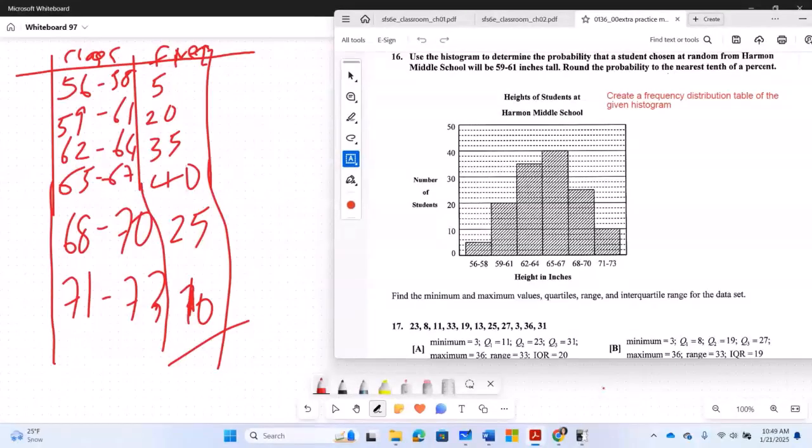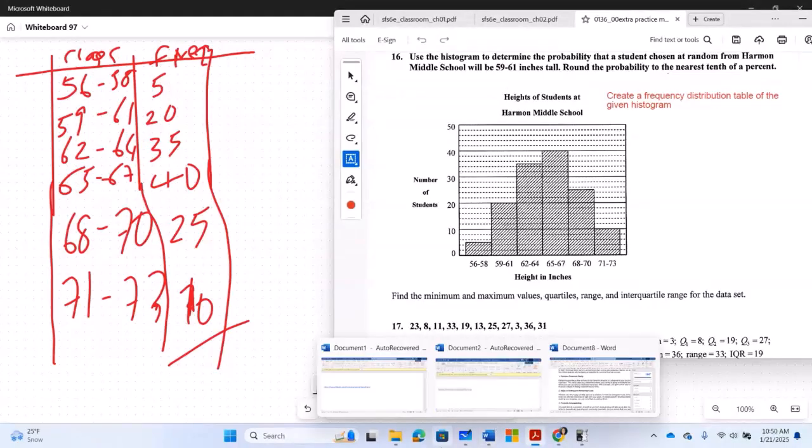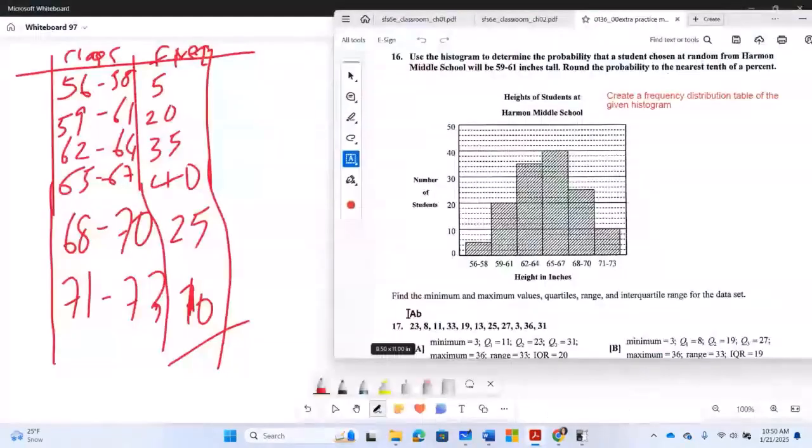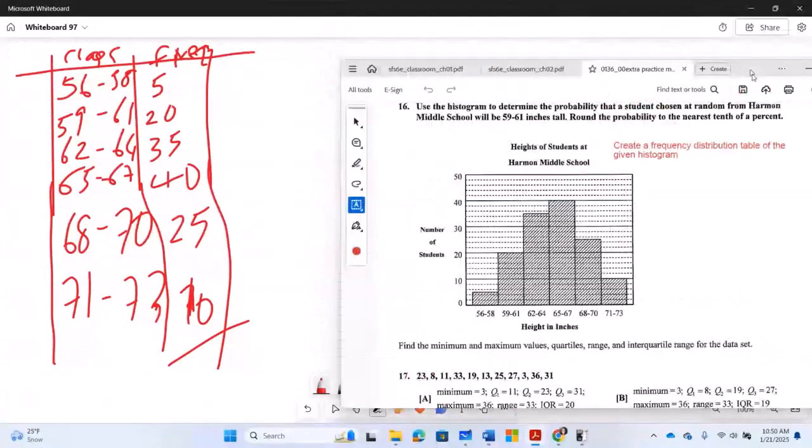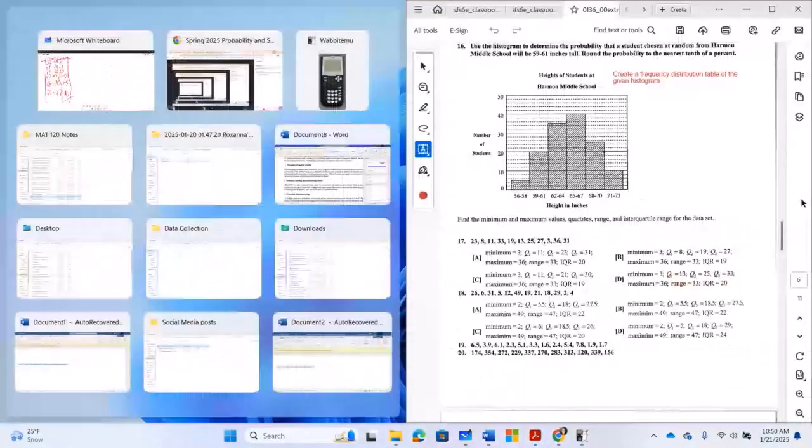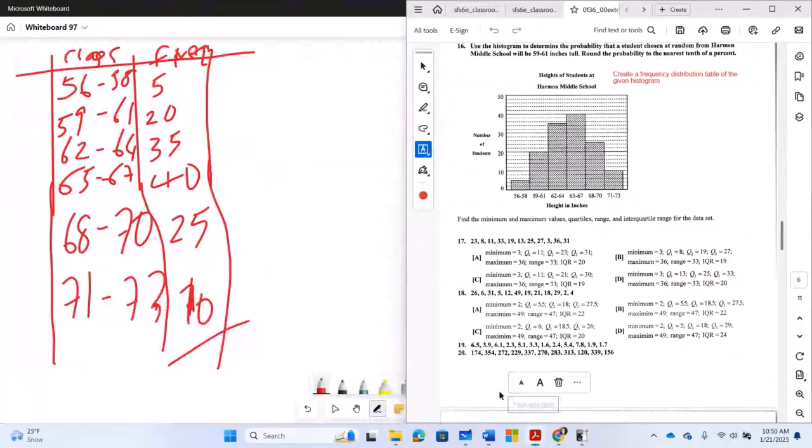Probability is the same as relative frequency, so we shall call it relative frequency. Find the relative frequency that a student is in the class 59 to 61.